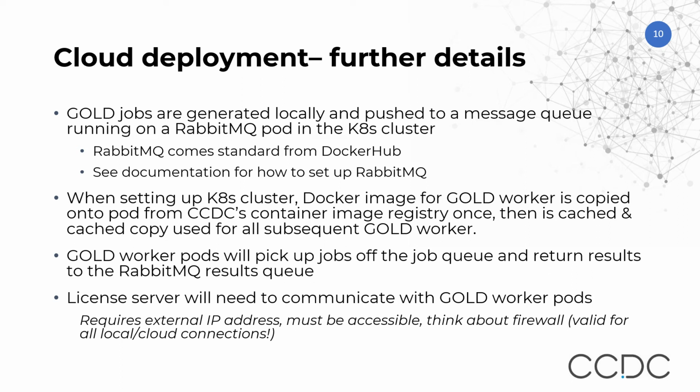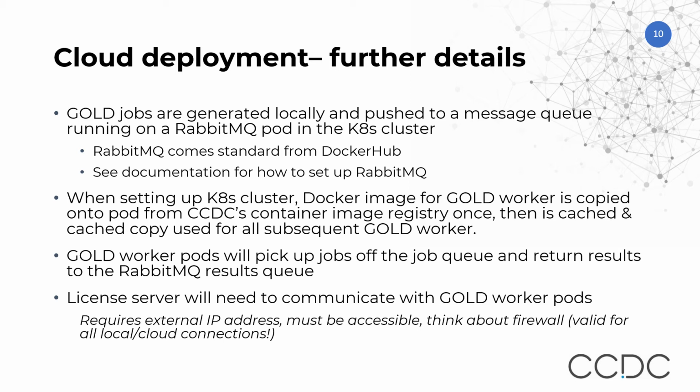Gold jobs are generated in your local machine and then pushed to a message queue that is running on a RabbitMQ pod in the Kubernetes cluster. As a note, this RabbitMQ comes standard from Docker Hub, but we provide the documentation how to set it up with the different set of credentials that you need for it.